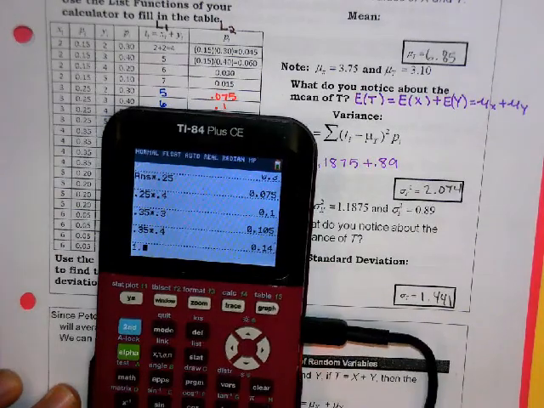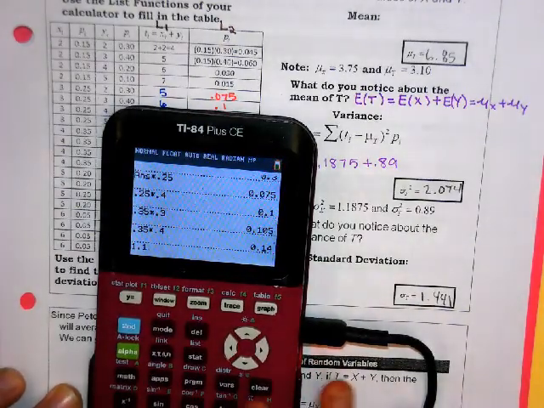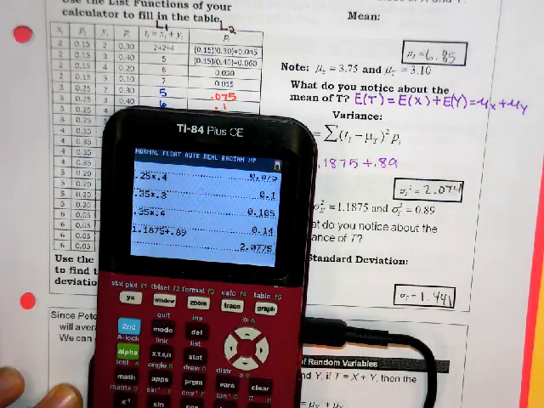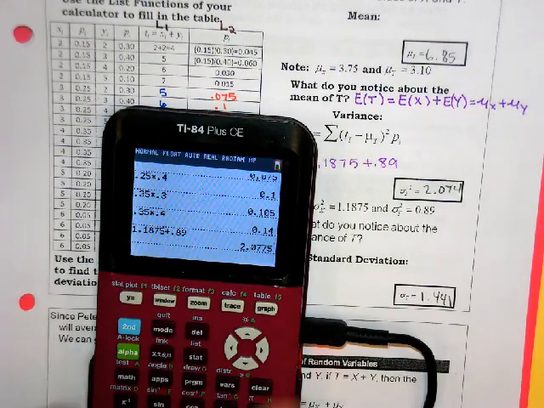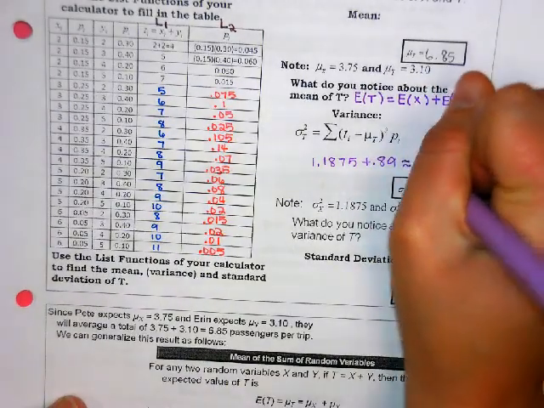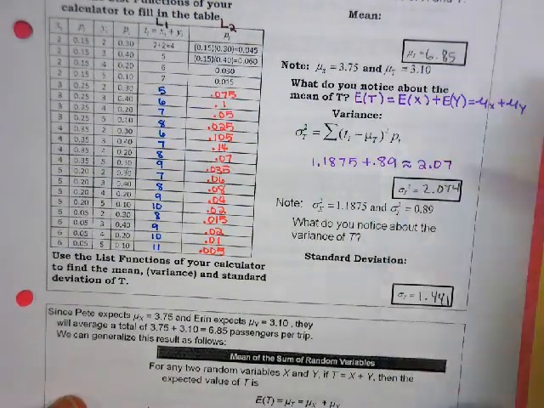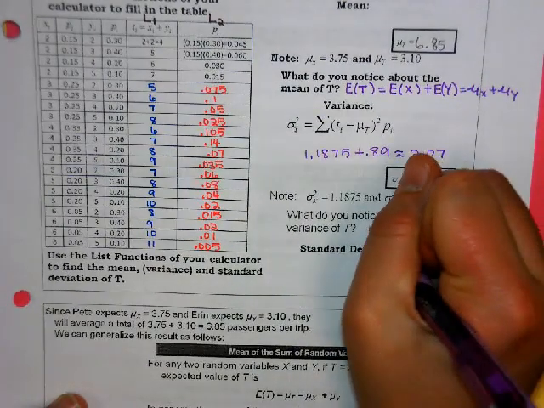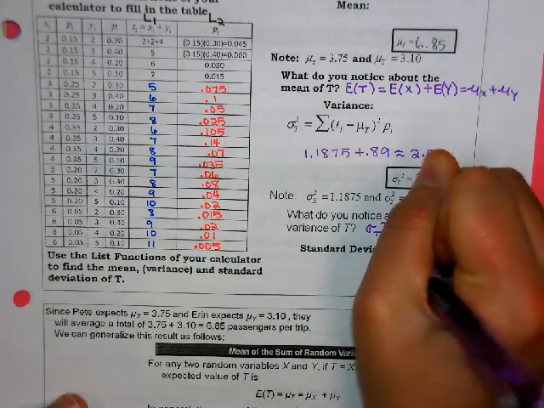So just about the same, right? 2.07. So we can add variances. The variance of T came from taking the variance of X plus the variance of Y.